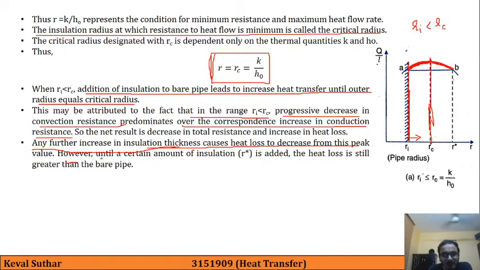However, until a certain amount of insulation R star is added, the heat loss is still greater than the bare pipe. So even though we have this much insulation, it does not make any sense in comparison with the bare pipe. If we add beyond this, then the insulation will work according to its name. So this is the only region from where we are getting the effect of insulation.